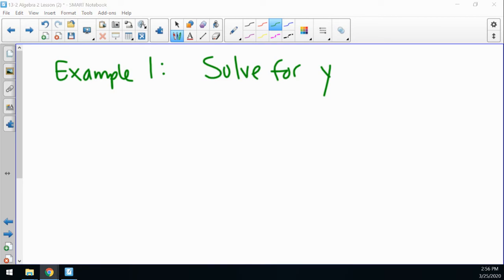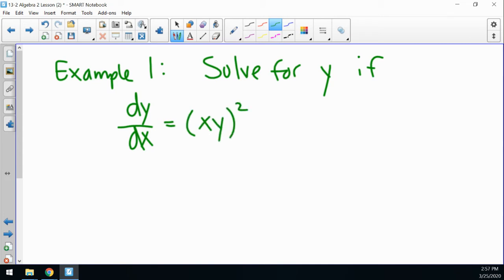So we're asked to solve for y if dy/dx equals x squared y squared, and we're looking at y equals 1 when x equals 1.